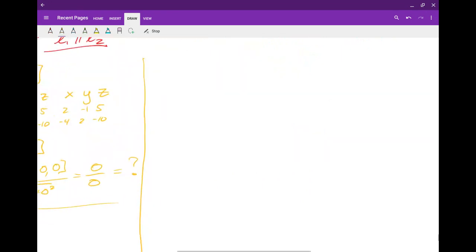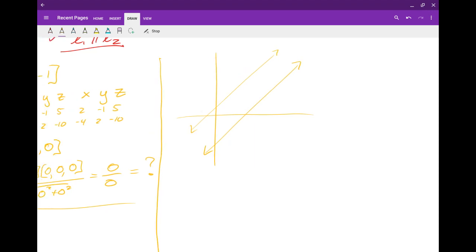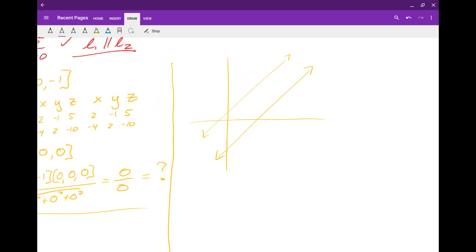So let's take a look at this. I've got basically two lines, like this. I want to find the distance between these two lines. Well, the distance is the same here as it is here.